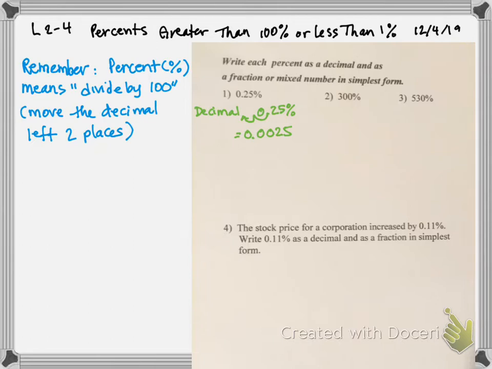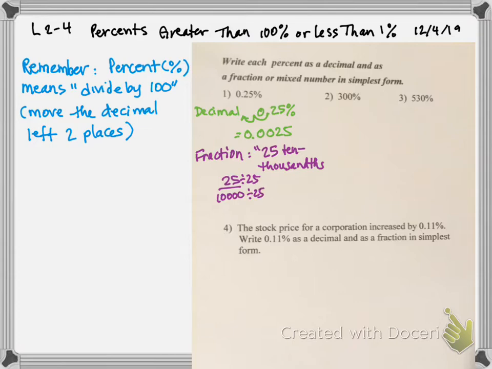Now, when I go to a fraction, what I just read is what I'm going to write. So I've got 25 10,000ths. So that gives me 25 over 10,000. And then I try to reduce, and I notice that both of them have a 25 in common.